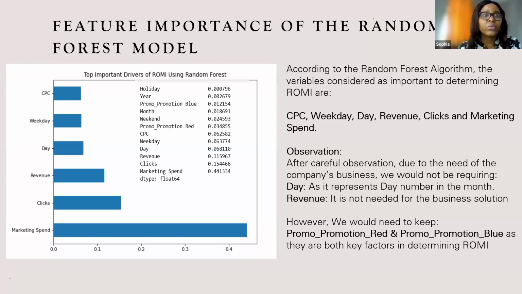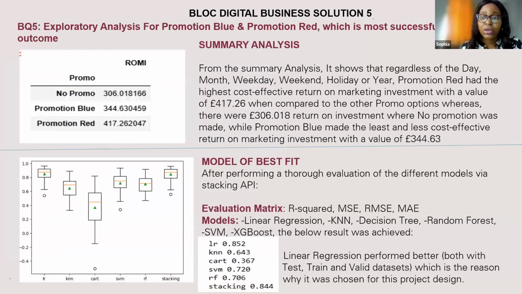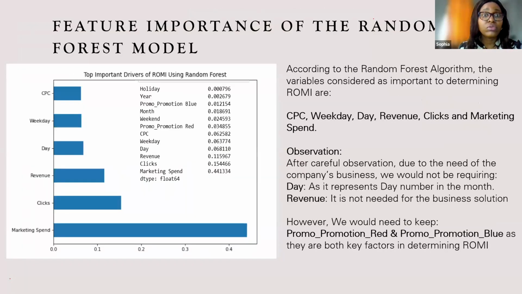So the feature importance, the top drivers, using random forest, which was what we were told to use, because the project file specified that we should obtain the feature importance for the random forest model.